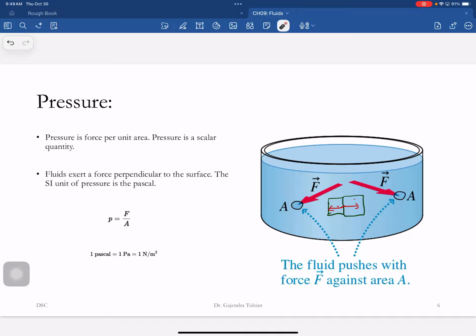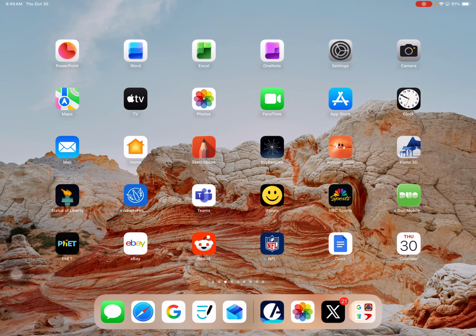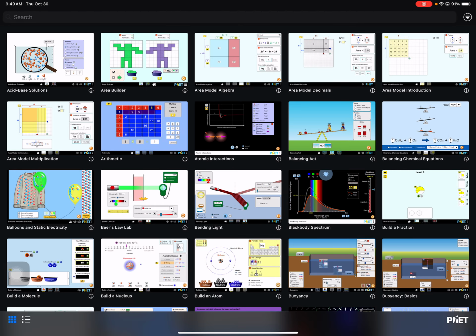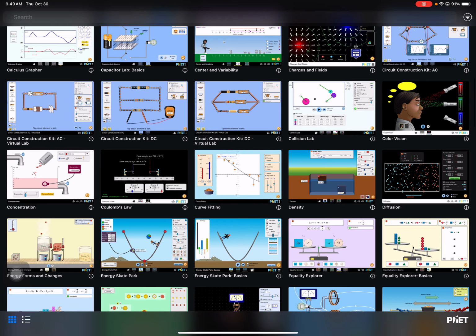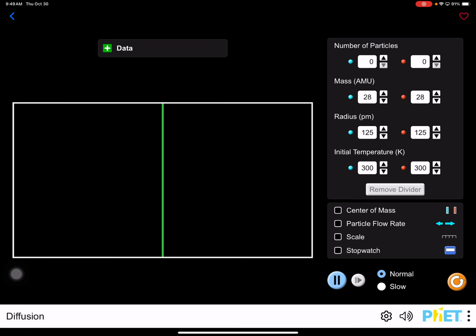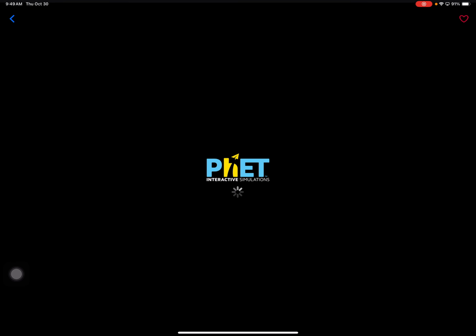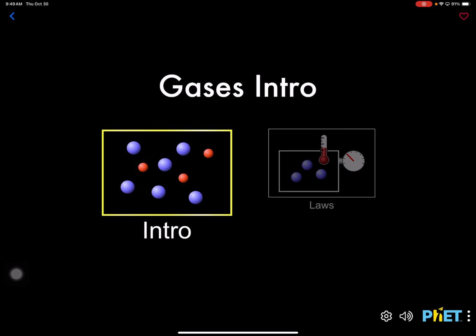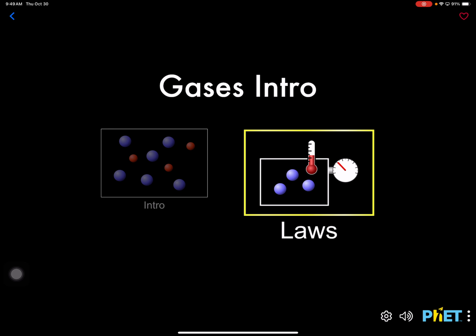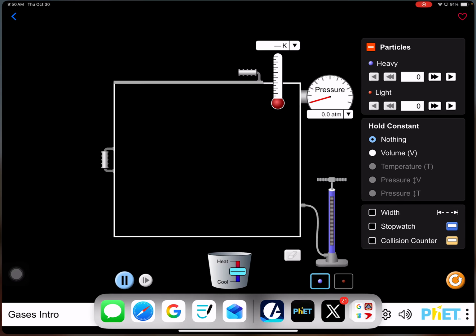All right, let me show you how a gas exerts pressure. Do you know how much is 1 atmospheric pressure? How much is 1 atmosphere?